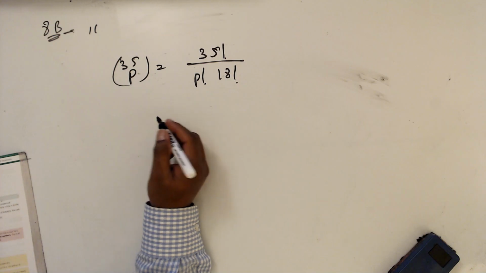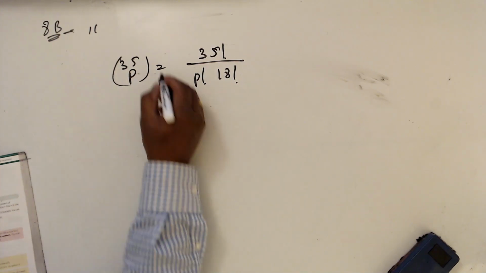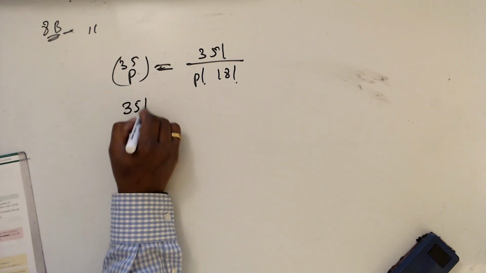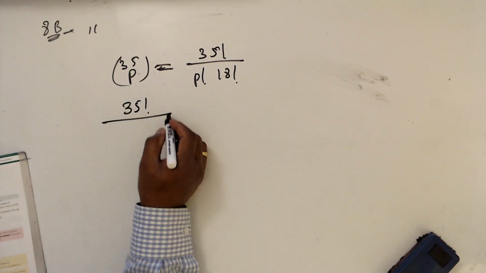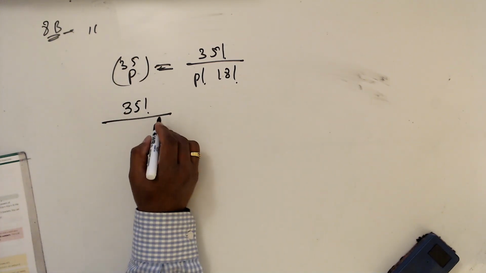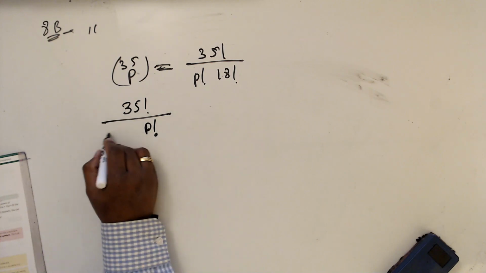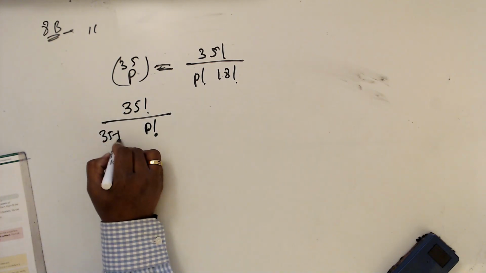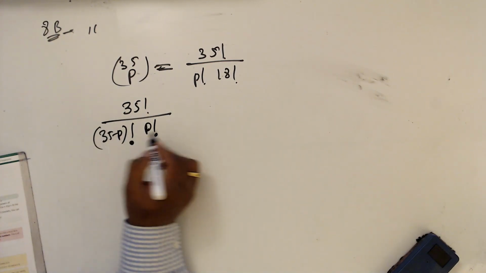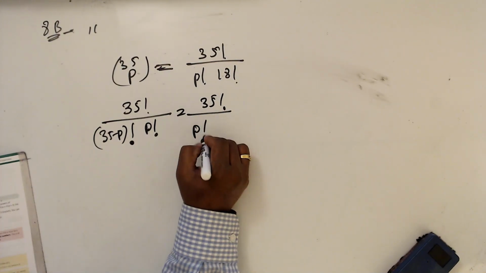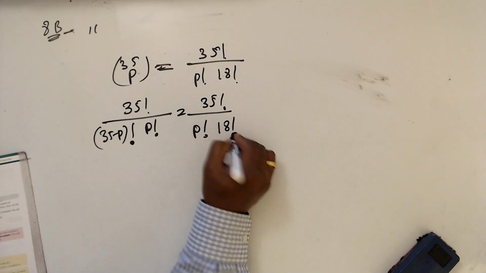Question number 11. This is also an equation. We'll write this one. Factorial 35 over factorial p and factorial 35 minus p, equal to factorial 35 over factorial p and factorial 18.